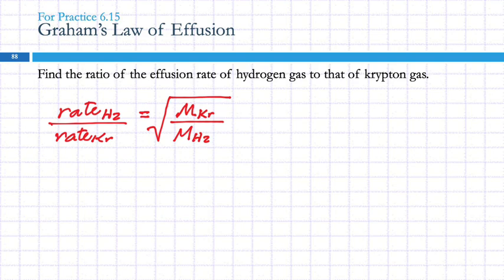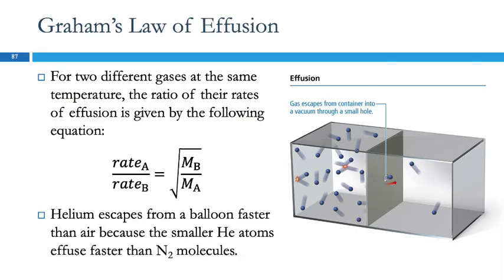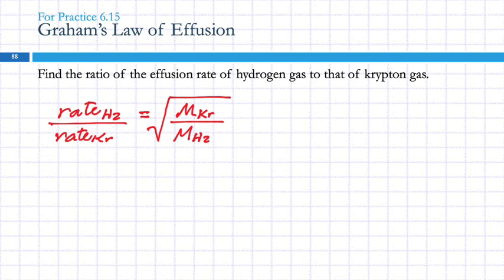Is there a reason why you took it? Yes, because this is how the equation is. So A on top here, A on the bottom there. Because a lower molar mass gives us a higher rate, because they move faster. Great question.